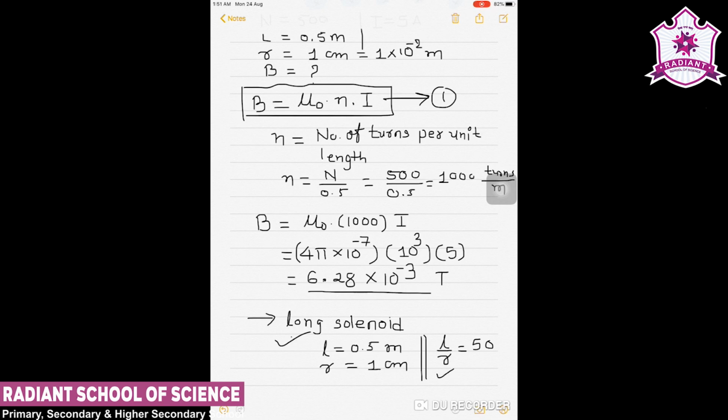When we take the ratio, it turns out to be 50, and therefore the length is about 50 times the radius of the wire or cross section, and therefore we say it is a long solenoid. So this is the explanation of the question.